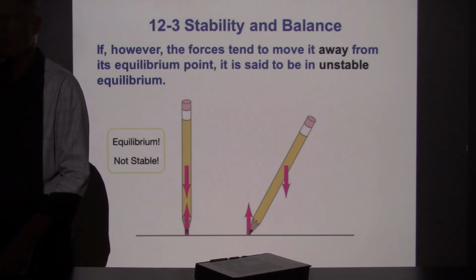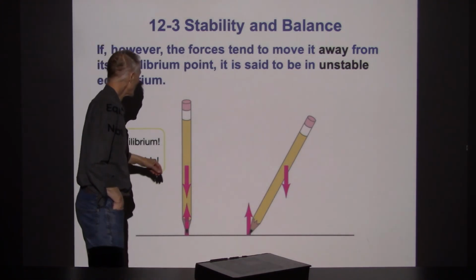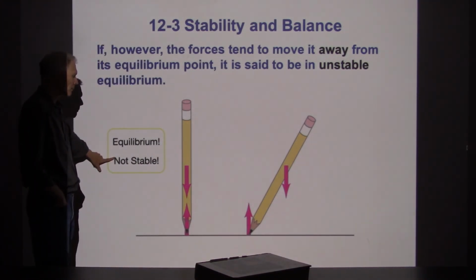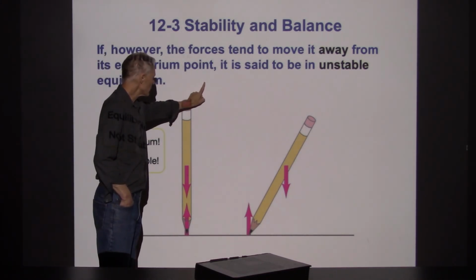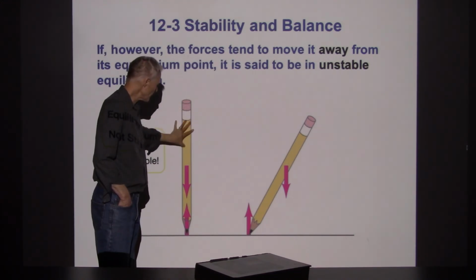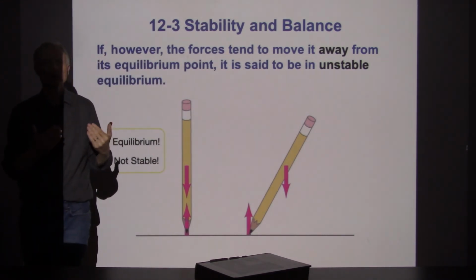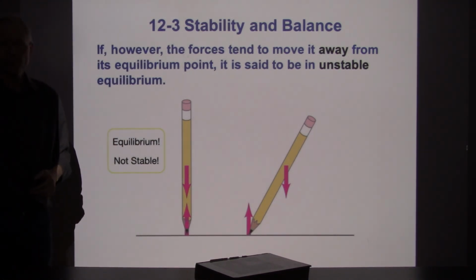Well, what would be an unstable equilibrium? That would be something that is at equilibrium, but it's not stable, meaning if there's a small drift away from the equilibrium position, the forces do not return the object to equilibrium, they push the object away.